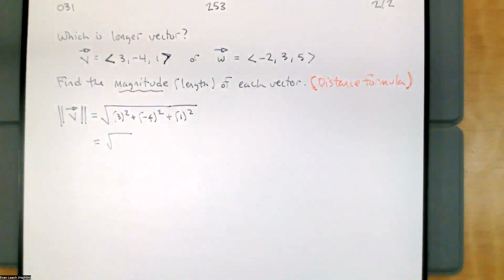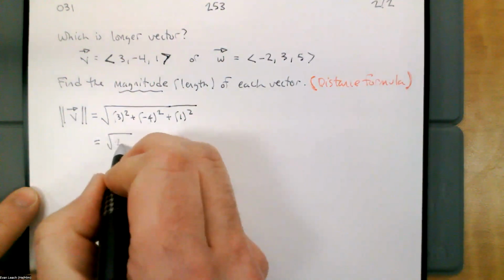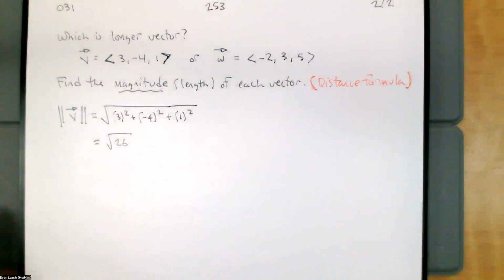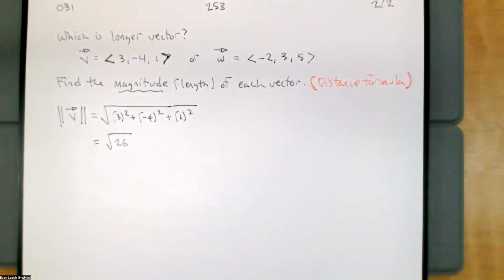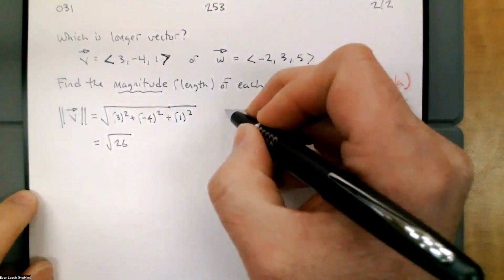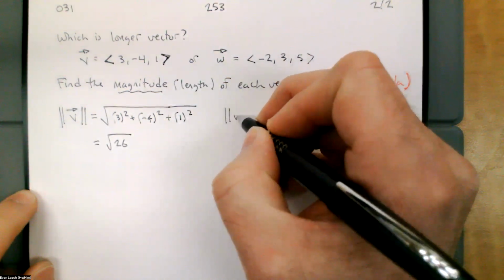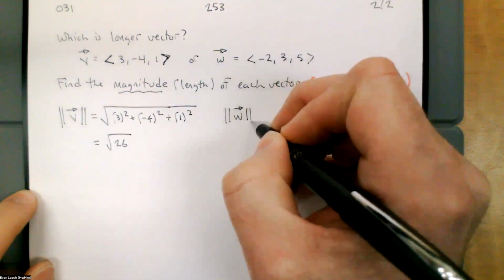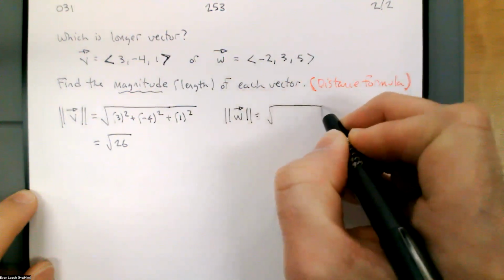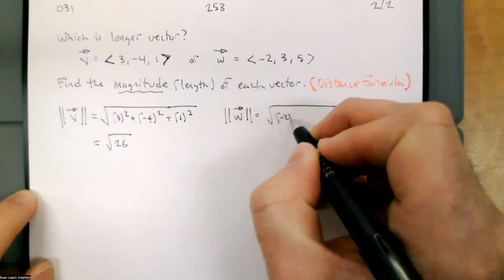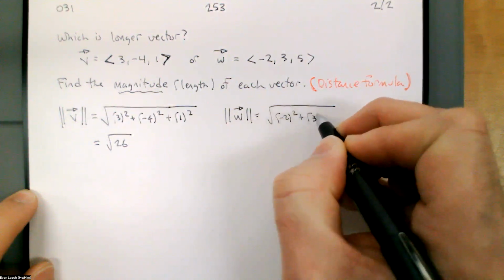So here we have 9, 10, 16, 26. So we have the square root of 26, and the magnitude of W will be the square root of negative 2 squared plus 3 squared.